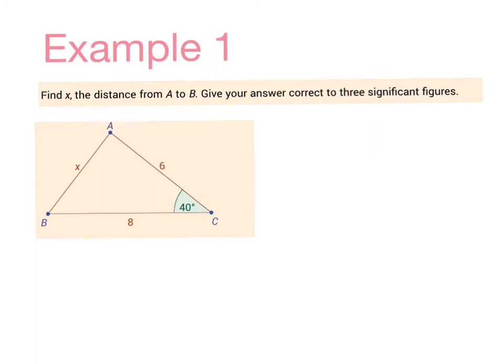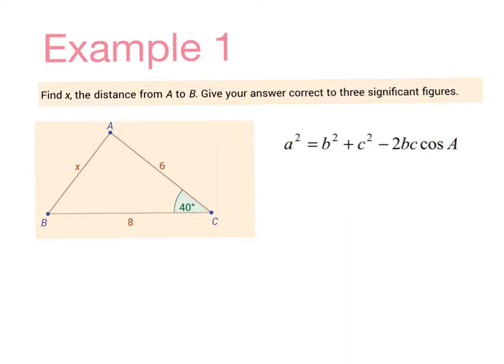Another reason why I'd use the cosine rule is because I have two sides and an included angle, so a nice cosy situation, as you might say. All right, so step one, write down our formula. I said to you earlier that these a's matching up is super important.